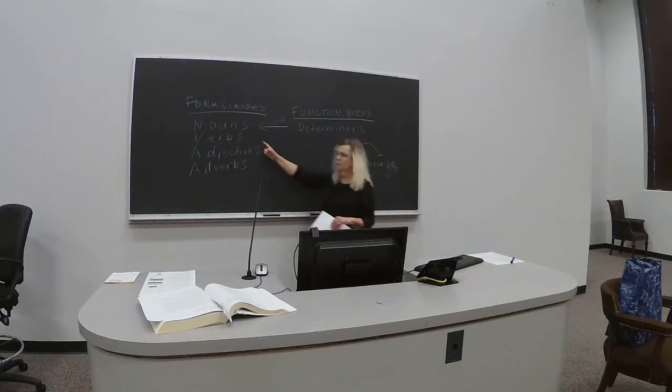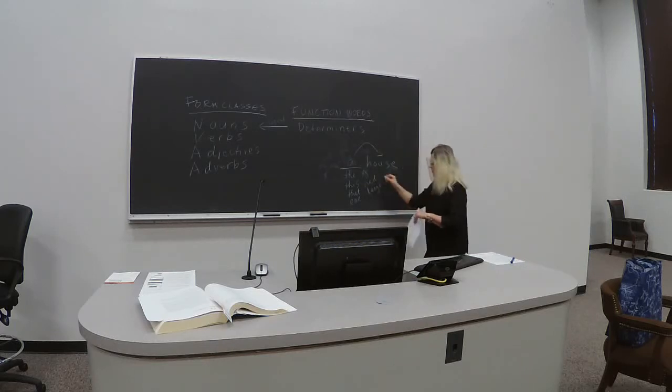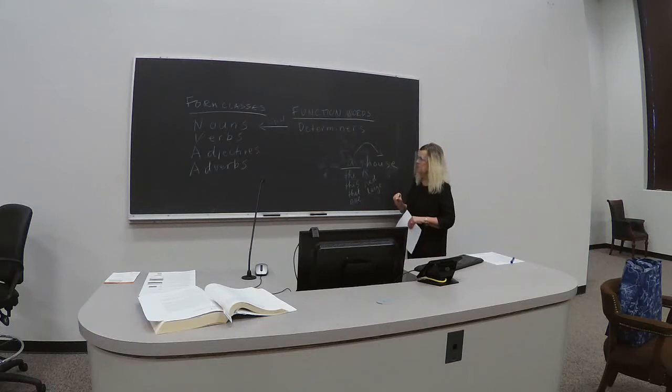Can we put a verb there between the determiner and the noun? No. Can we put an adjective there? Yes. So if we put a red house, a large house, and whatever adjective you want, it would come in this slot.